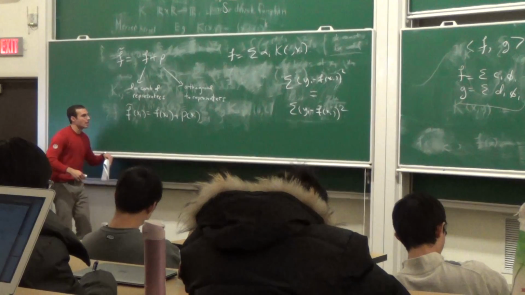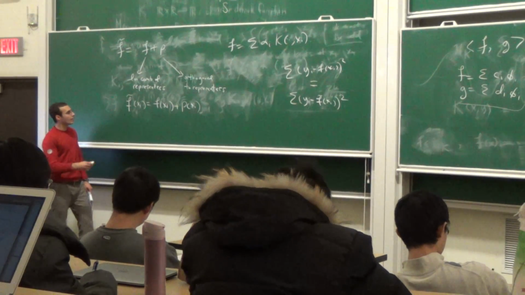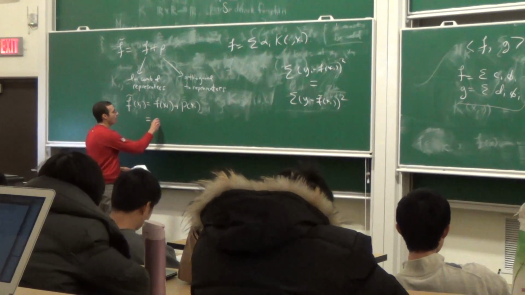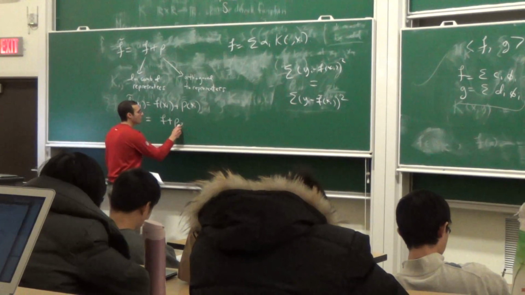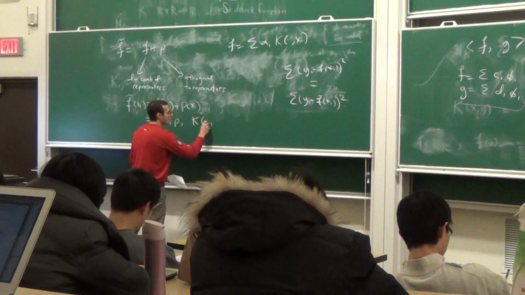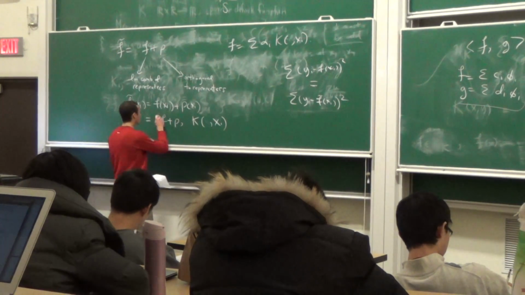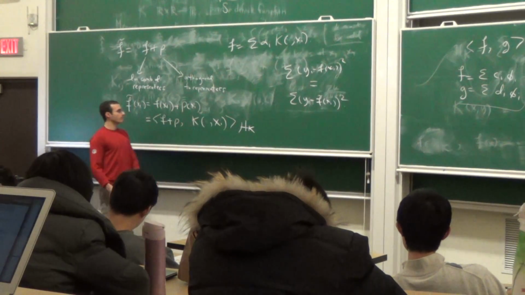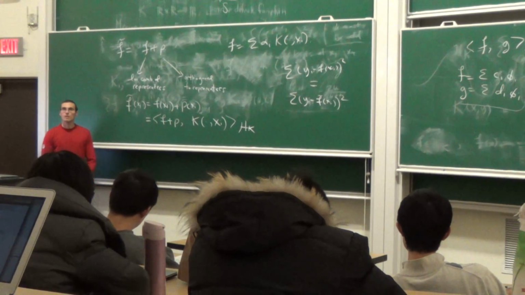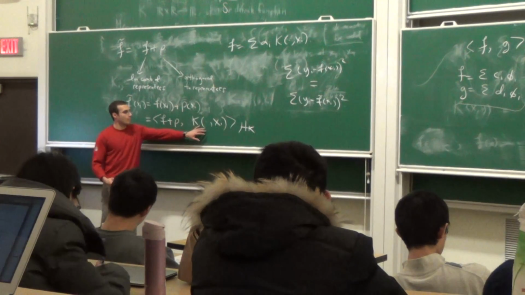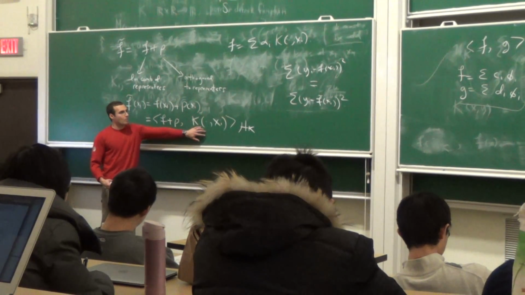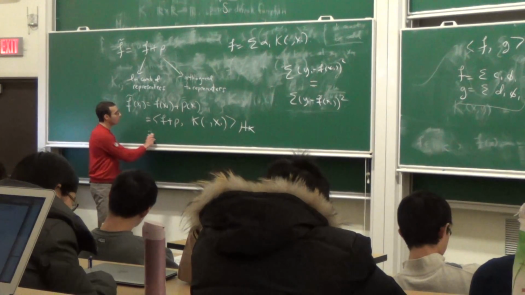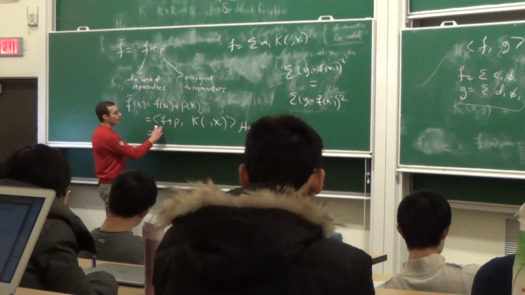Just by definition, it's f of xi plus rho of xi, which I can write out as the inner product of f plus rho with the kernel function. Because by the first property, taking an inner product with this kernel function evaluates the function at the point xi. And now, by linearity, I can split this up.